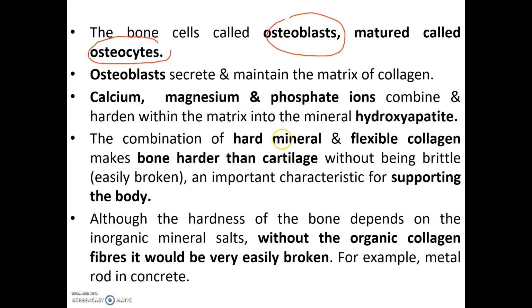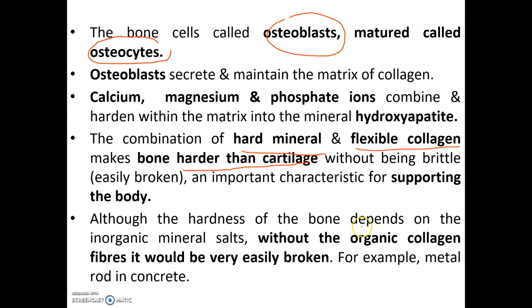So the combination of the hard mineral and flexible collagen makes the bone harder than our soft cartilage without being brittle, which means it is not easily broken down. It is also an important characteristic to support our whole body.